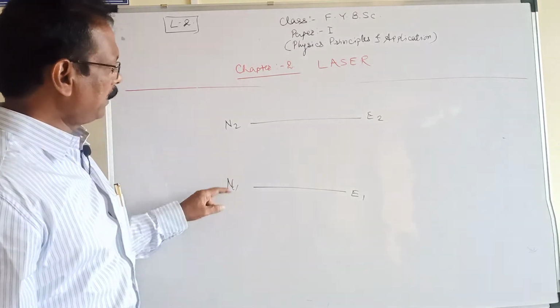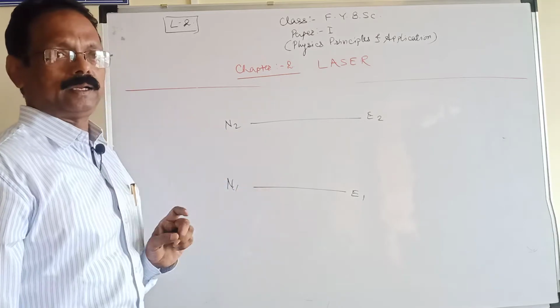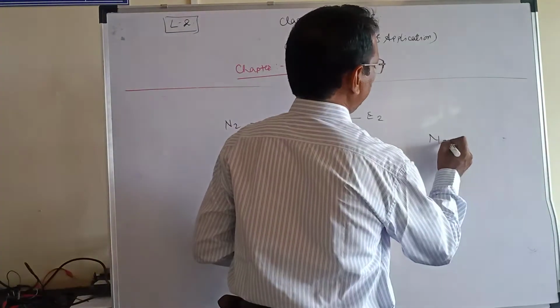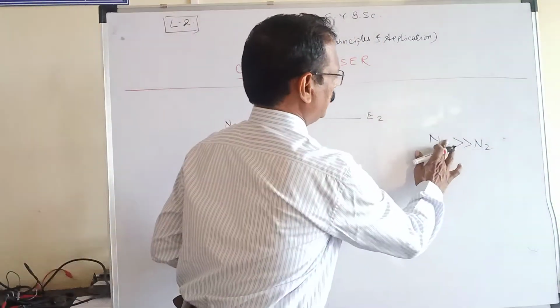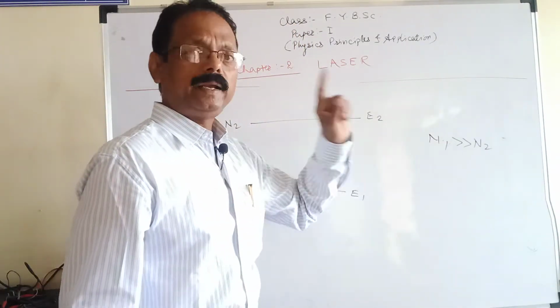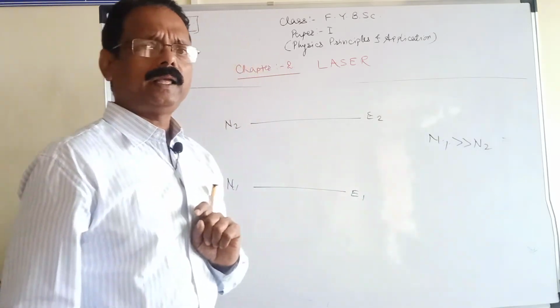Normally N1 is always greater than N2. This is the normal case: the population of atoms in the ground state N1 is always greater than the population in the higher energy level.